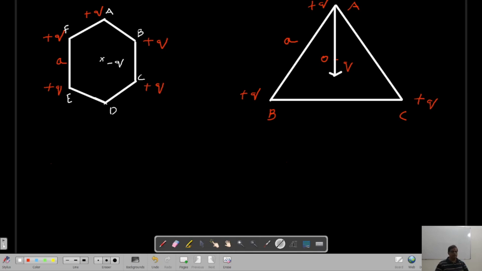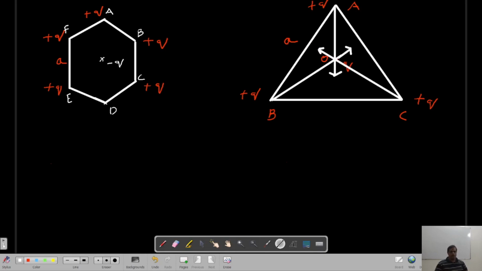Similarly, the force on the charge q at O due to the charge q at B will be directed along BO, and finally, the force on the same charge due to the charge plus q at C will be directed along CO.